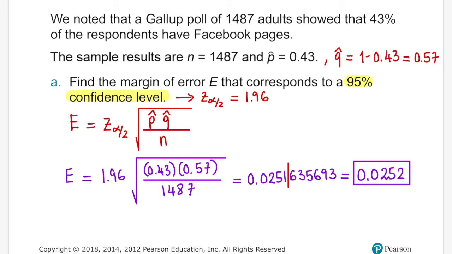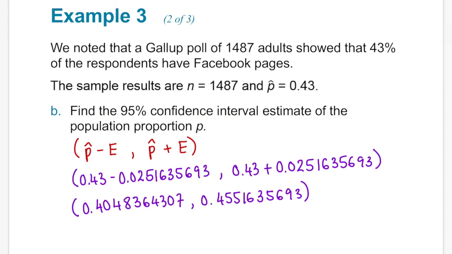So E was found in part A, 0.0252, but this is the rounded answer. If I want to use E for further calculation, it is better for me to use the unrounded value so that my answer is more accurate than using the rounded answer. So I'm going to use this for my E. So this is what I got for my confidence interval. And since there was no instruction on how to round, I am going to round these to 3 significant figures.